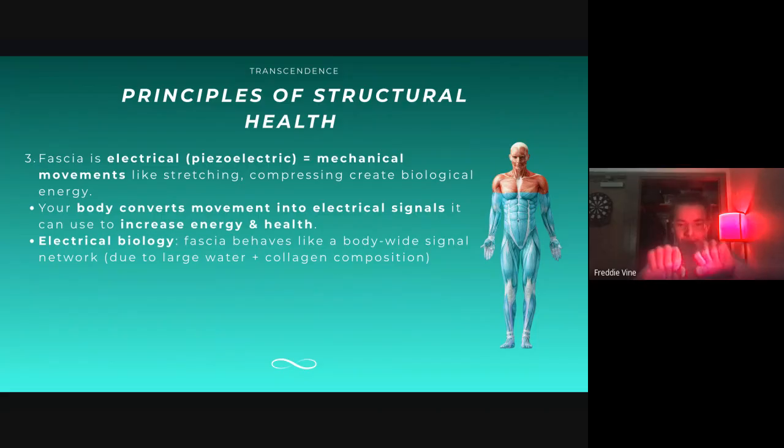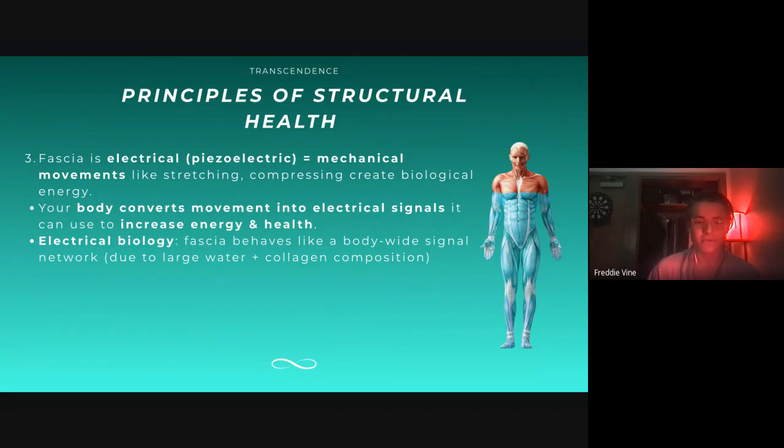It's simple, like imagine a towel, right? If you wring out a wet towel, water's going to come out. It's the same with the fascia. If you move the fascia, energy comes out as a result. It's kind of hard to explain, but it's because of the specific molecular structure of collagen. It creates charge when it moves. So it's very interesting.